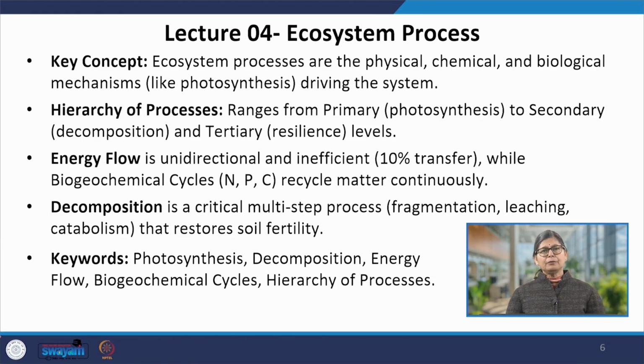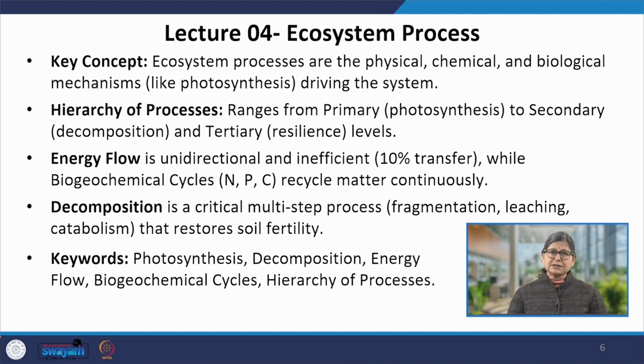Lecture 4 was on ecosystem process. The key concepts were the processes, which are the physical, chemical, and biological mechanisms like photosynthesis driving the system. The hierarchy of processes we discussed ranges from primary, like photosynthesis, to secondary, like decomposition, and tertiary, which is resilience levels.